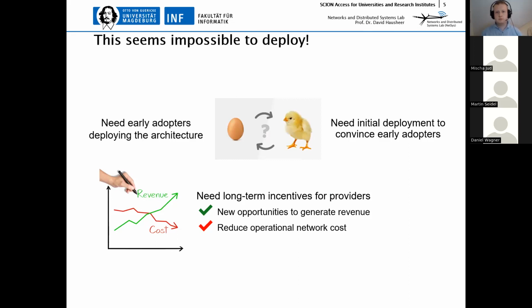And so the only way to achieve that is by providing appropriate incentives to providers, so that they see new opportunities that will generate additional revenue, and or that these new concepts will effectively reduce the operational network costs. Now, there is good news.